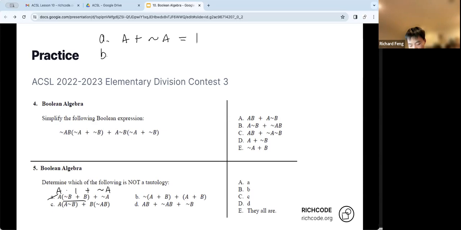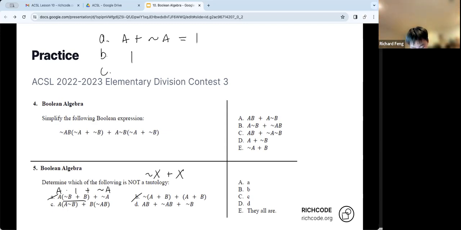Let's call it X. So basically we have not X or X. It doesn't matter what A plus B is, since we are ORing two complements, it's always going to be one, always true. So B is not the answer, it is a tautology. And C. So let's try to evaluate C.